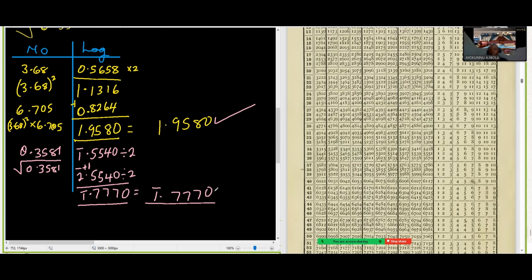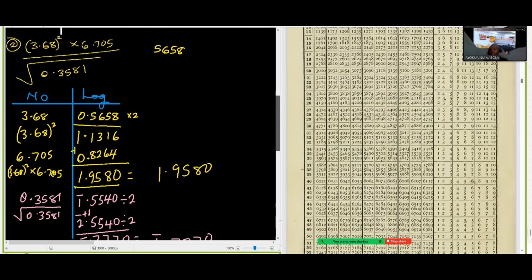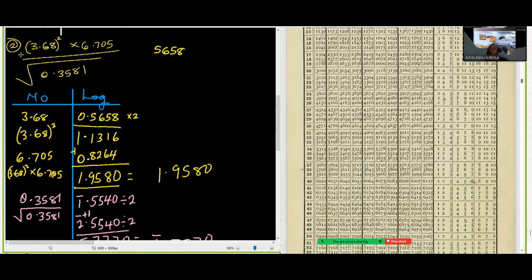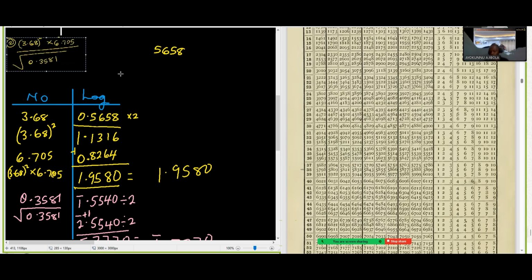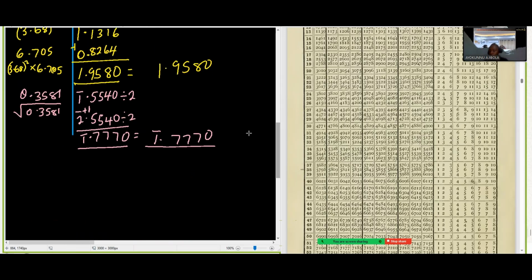Now, what will I do to this? This is the numerator, this is the denominator. I'm going to subtract them because the question asks us to divide. Because it's a division, the whole of this expression that we want to carry out, I can summarize it and say it's coming right down here.